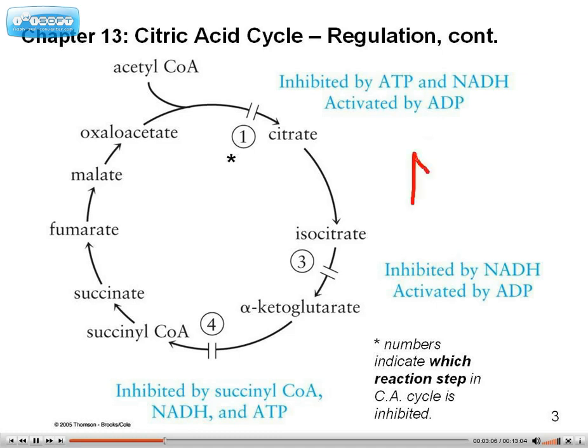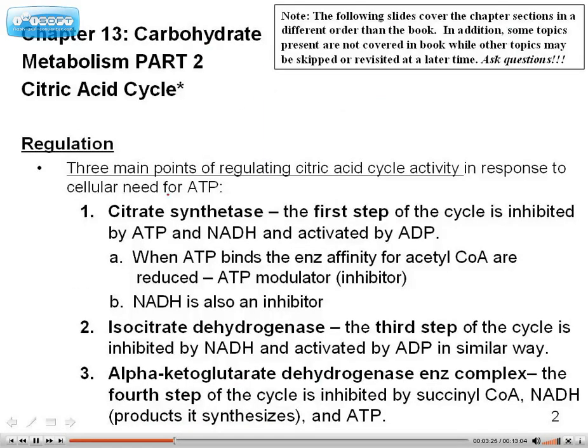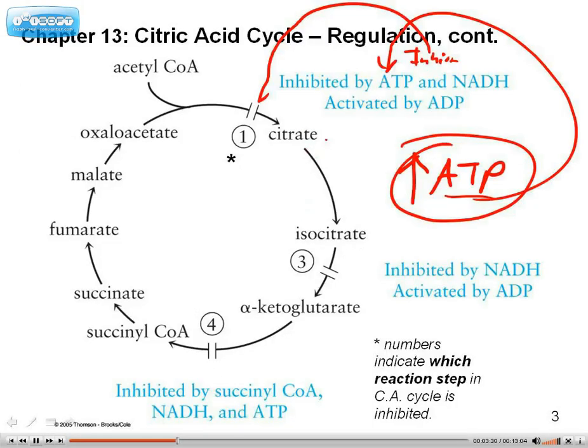If I have a whole bunch of high ATP to begin with, there's no reason to make more ATP. So, it turns out that as ATP is floating around, it can act as an inhibitor. When it bumps into, for example, the citrate synthetase found in the first step, it will combine with citrate synthetase, inhibiting it. Now, it's assumed that if you have high amounts of ATP, then you should have plenty of NADH floating around, which also serves as an inhibitor.